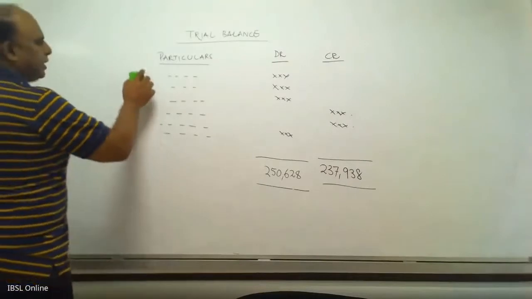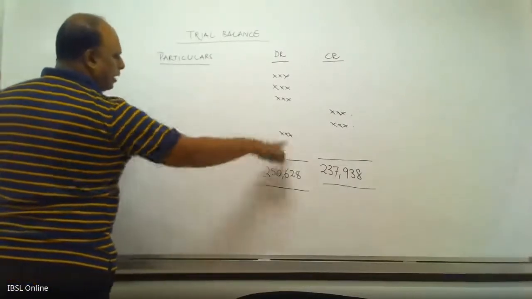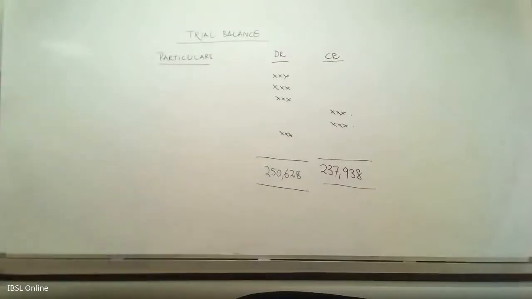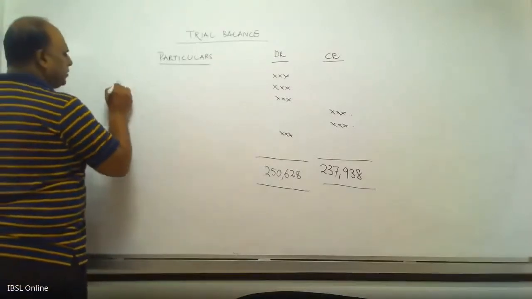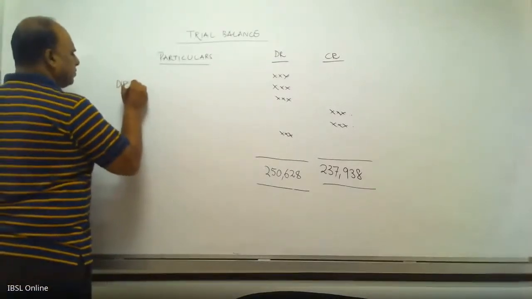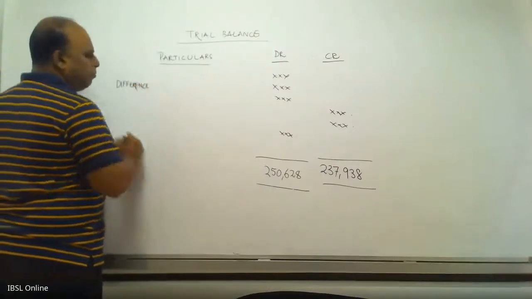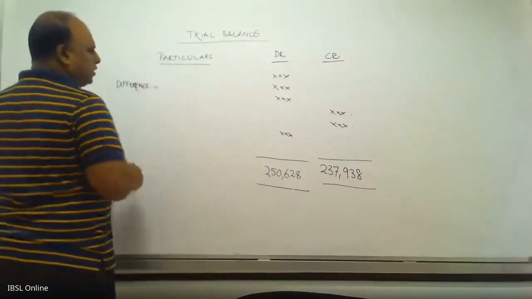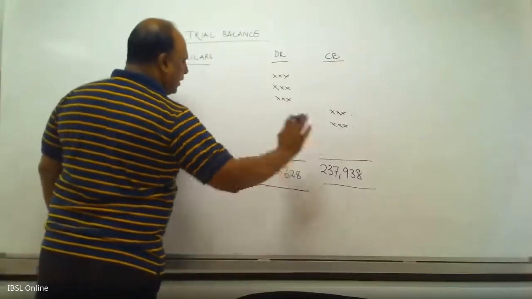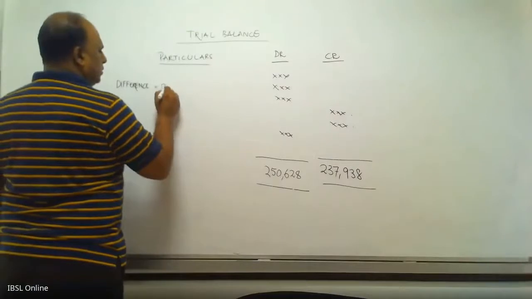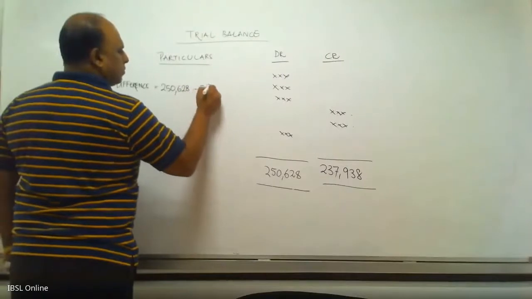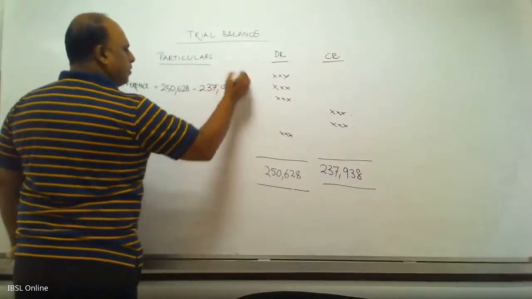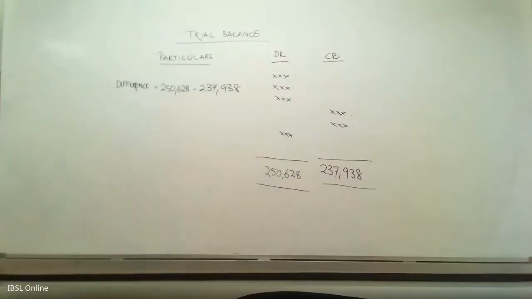Let me erase this side and write it, because I don't think I need this on the board. So what is the first thing that we do? We take the difference between the debits and credits. Generally, we take the larger total and deduct the lesser total. So 250,628 minus 237,938.